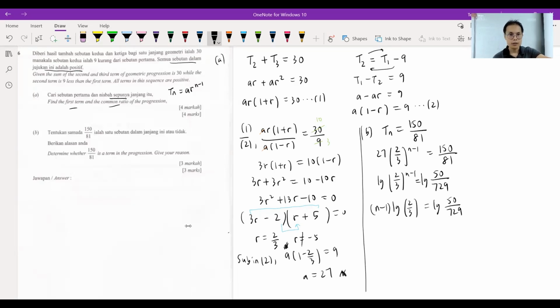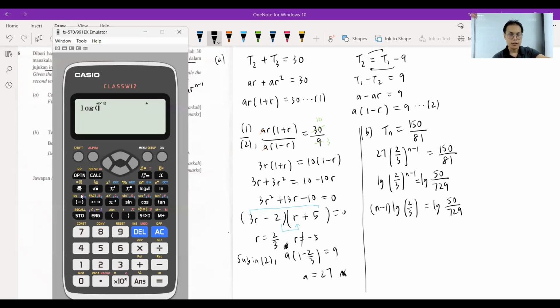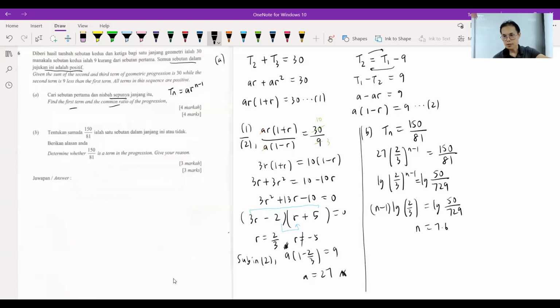Now use your calculator, shift log over here, this is your log, the buttons on this side. 50 over 729. Then you divide by log of 2 over 3, right? Whatever you get here, you need to plus 1. My n is 7.609, which is not an integer.